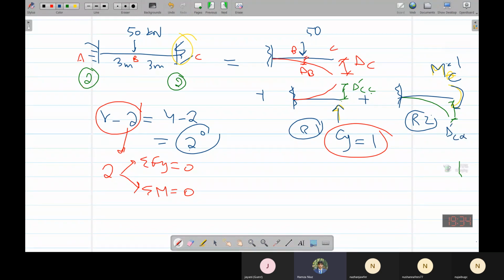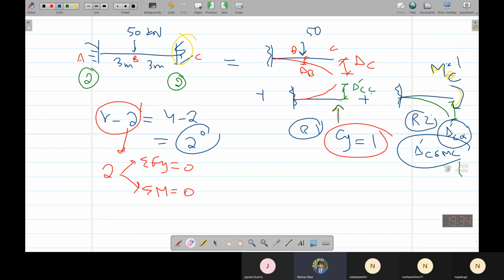We get this deflection at C from the moment acting at point C. Or if you want to write it in the long method, you can write it as delta C MC, since we are getting it from the moment at point C. This is only notation. We can use any one. It doesn't matter.